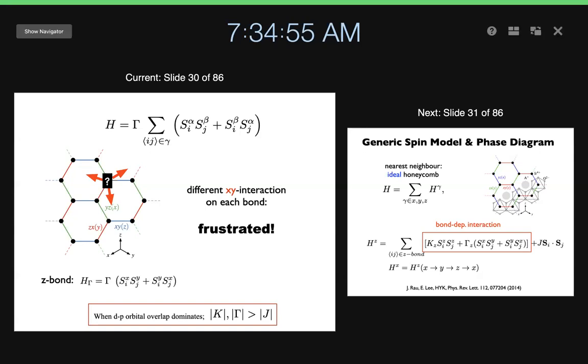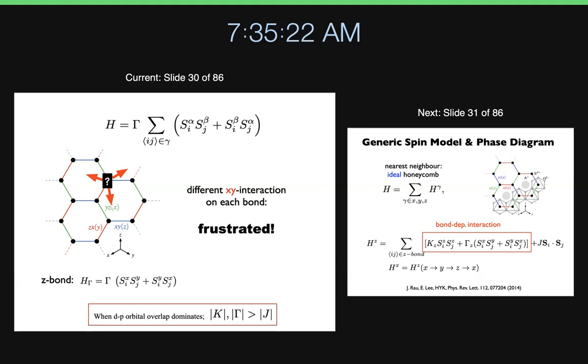Yes, please. Is there something we can do to view the higher levels of the P orbitals, etc., to view the relative strength of them? So, the relative strengths of the gamma interaction versus Kitaev.